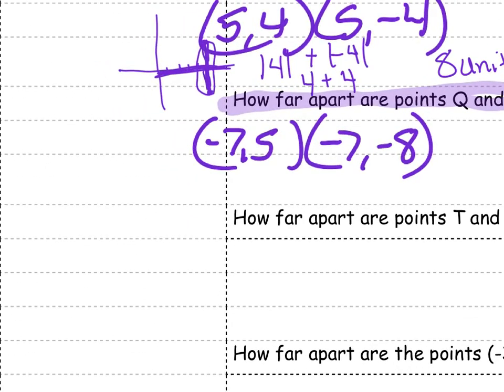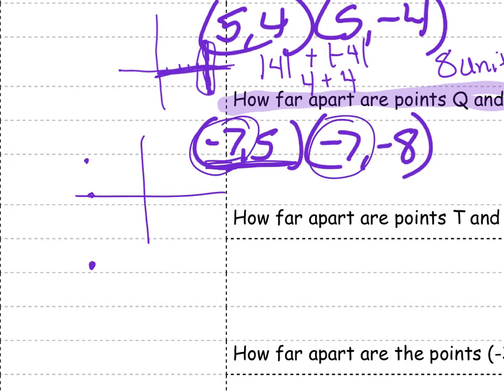So this one, they both went over to -7 first. So -7's over here somewhere. One went up 5, and one went down to -8. So here, if we're trying to get back to that axis, the -7's are the same, so we don't worry about those.